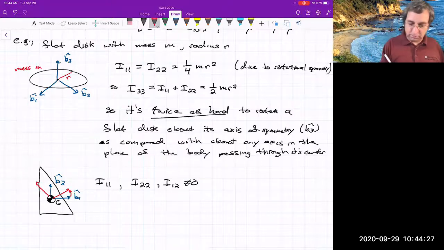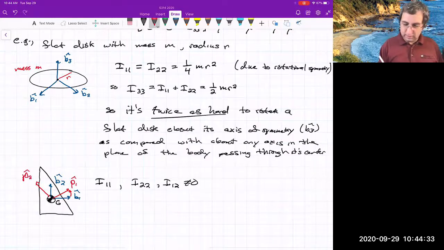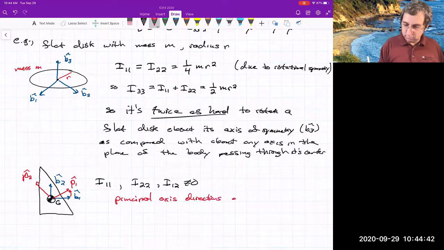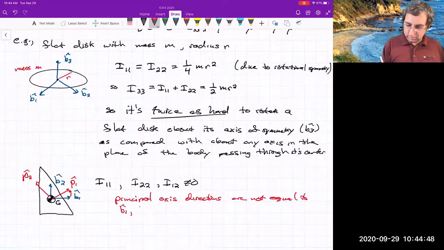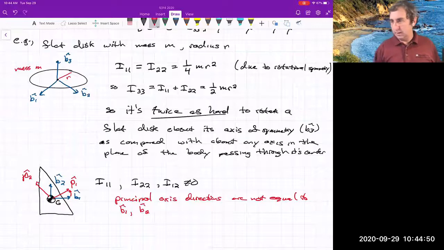Maybe we'll call them P1 and P2. So the principal axis directions are not equal to B1 and B2.